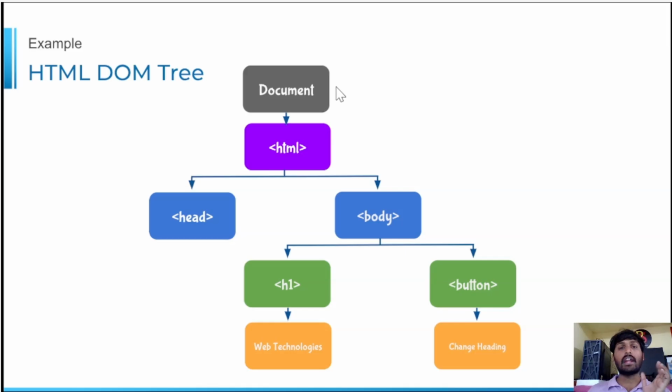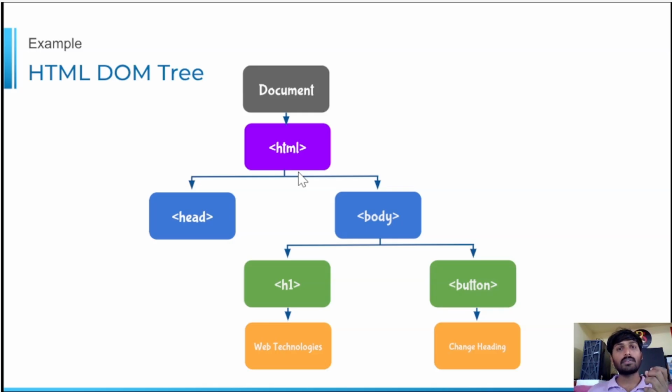At the beginning we have document, followed by HTML. It contains head, and body has h1 and button, and it has some content. This is represented by the browser as a tree type structure. This is the HTML DOM tree which is created by the browser.